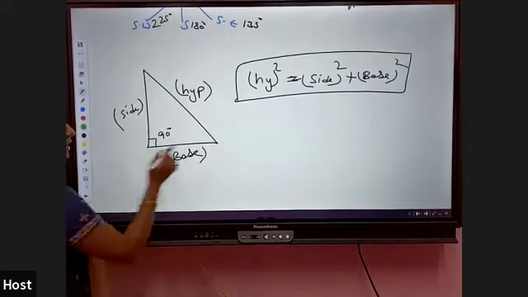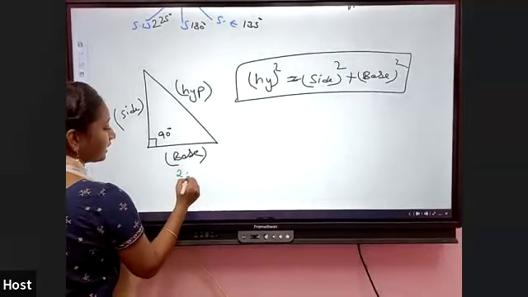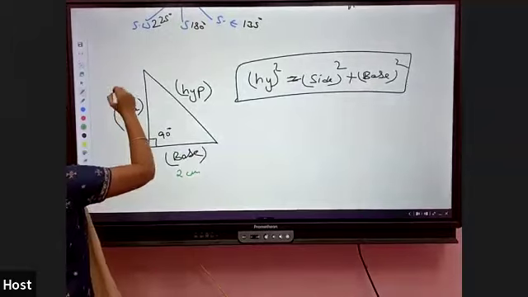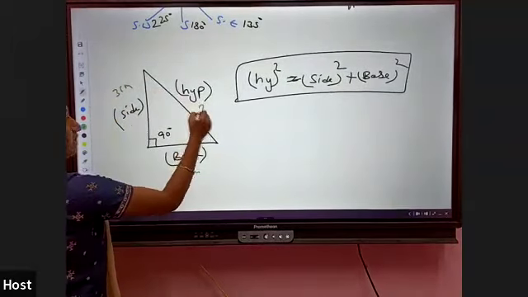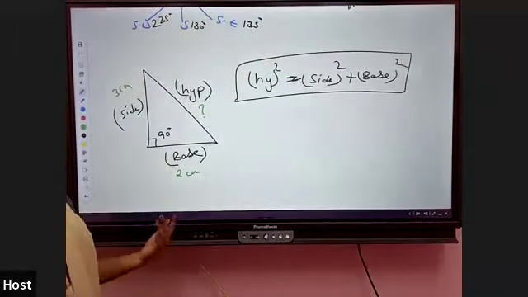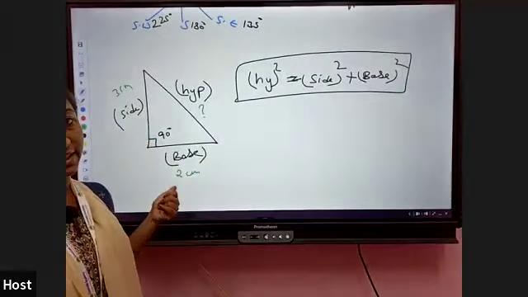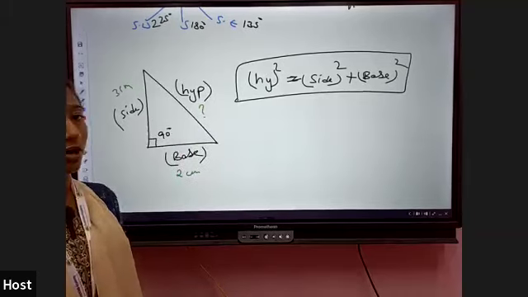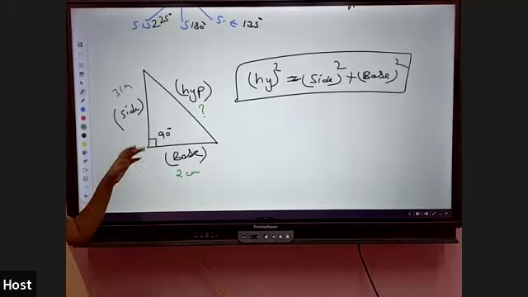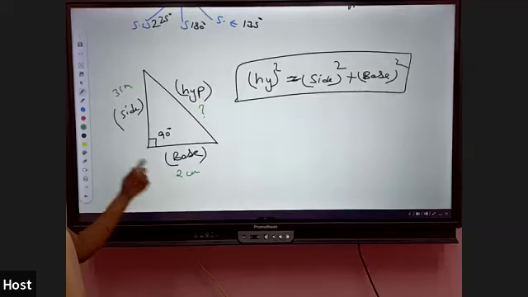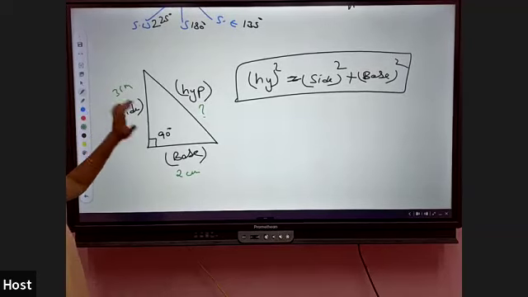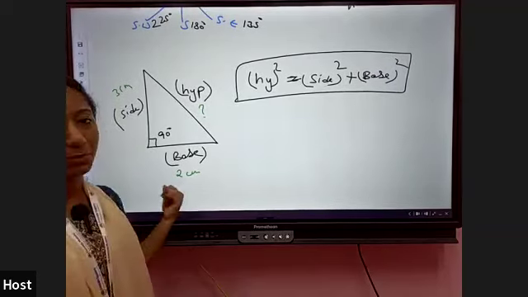For example, the base is 2 centimeters, the side is 3 centimeters. You should find the hypotenuse. Some of the directions will form a right angle triangle, so we can use this formula to solve that question.